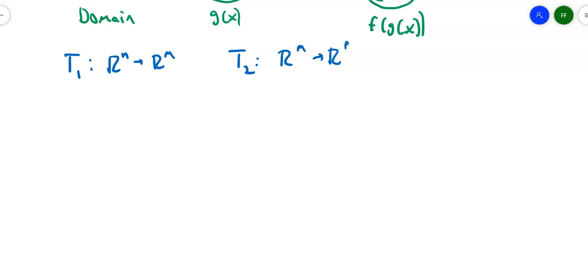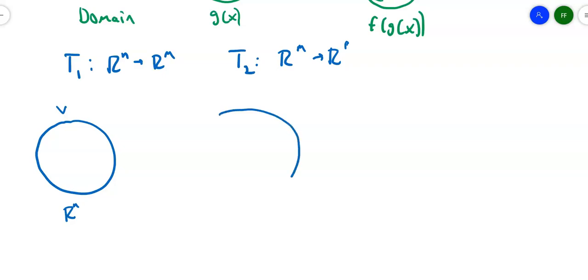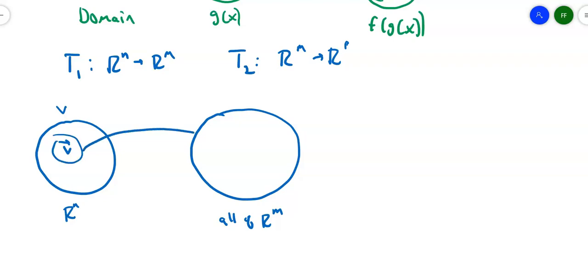So suppose I've got some vector space V over here, and this operates in Rn, right, n-dimensional vector space. And over here is all of Rm. So I take vectors here, in this group here, and I map them through a transformation. I'll call the first transformation T sub 1. And I come out with elements in here, which are elements in the range.